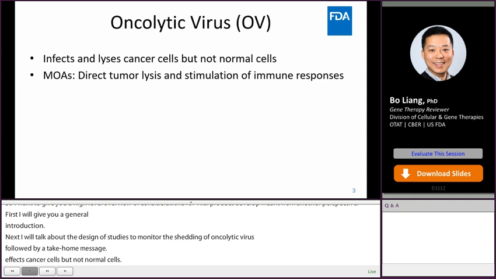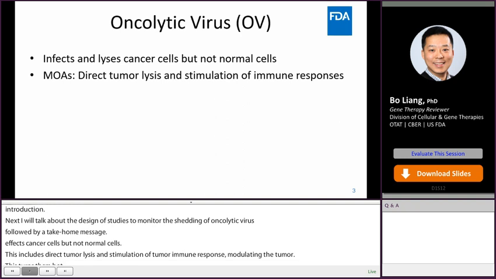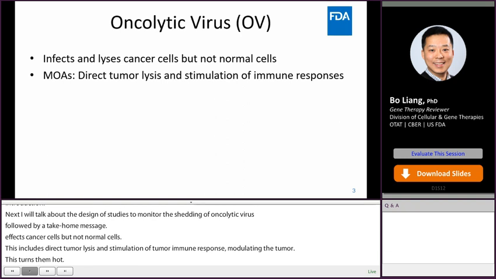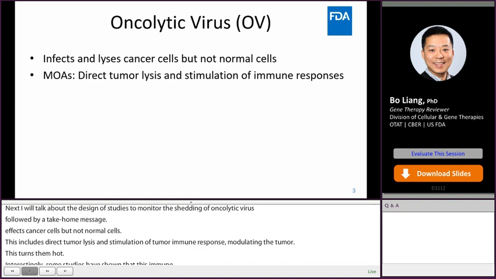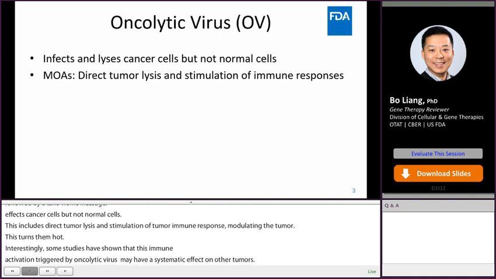And interestingly, some studies have shown that this immune activation triggered by oncolytic virus may not be limited to the injected tumor, but may also have a systemic effect on distal tumors. Most oncolytic viruses are replication competent, so my talk today will generally cover the replication competent viruses.